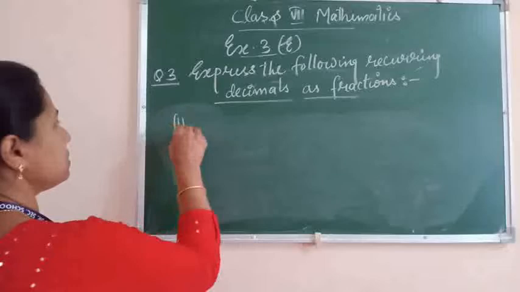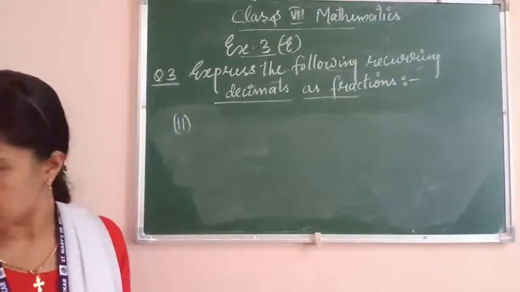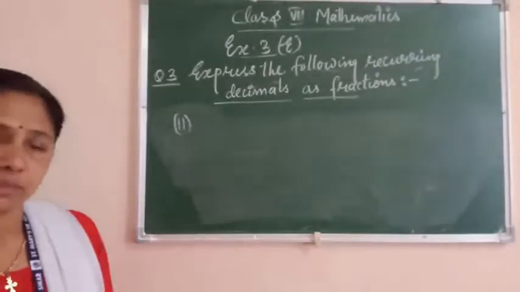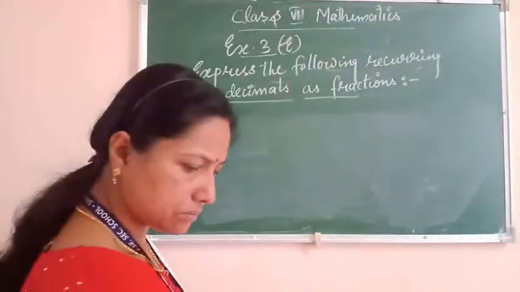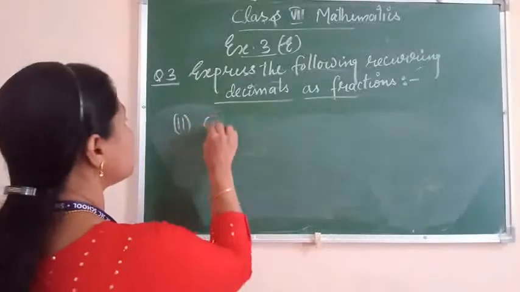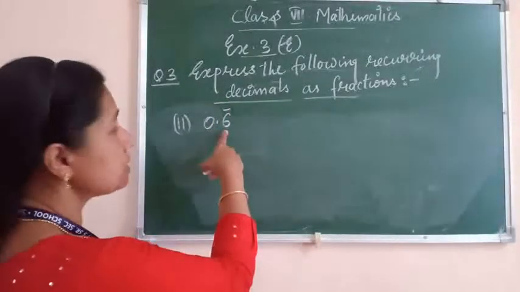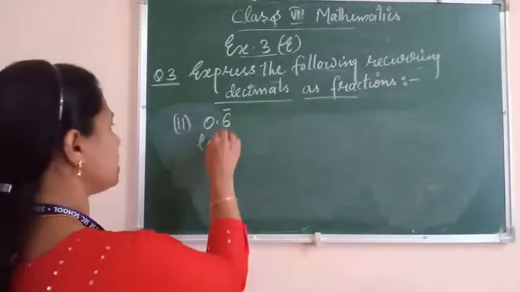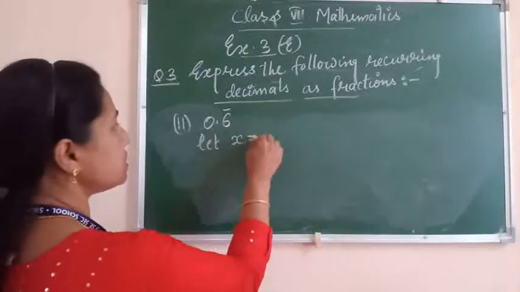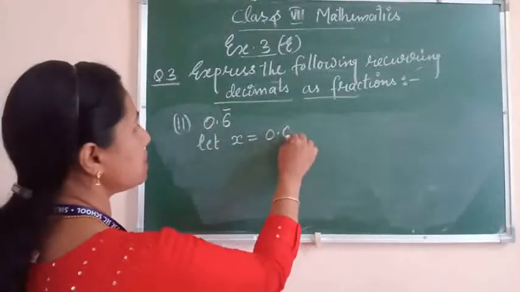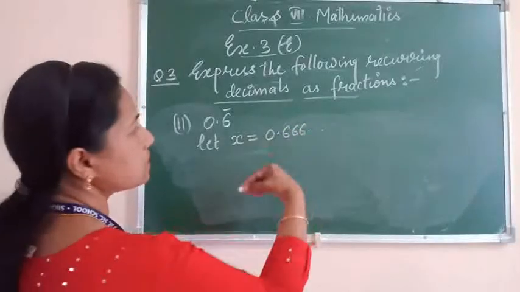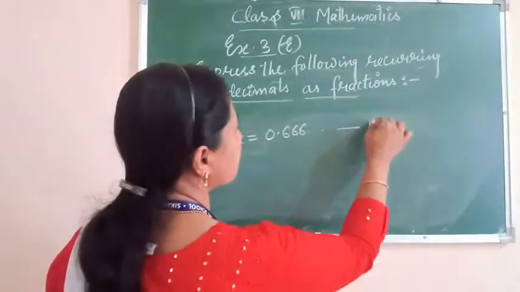Okay, now let us move to the next question. In question number 2, it is given 0.6. Here also only one digit is repeating. So first of all we are making the equation. Let x is equal to 0.66, equation number 1.